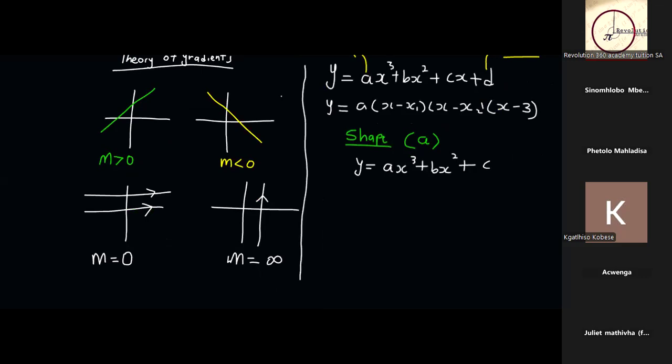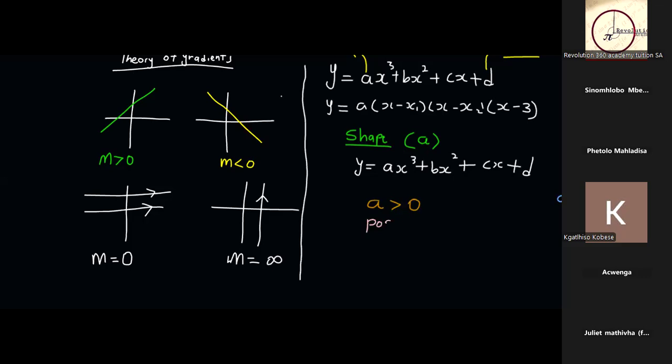First instance is when you are having a greater than 0. The second one is when you are having a less than 0. When I'm saying a is greater than 0, it simply means the value of a is positive. When I'm saying a is less than 0, it means the value of a is negative.